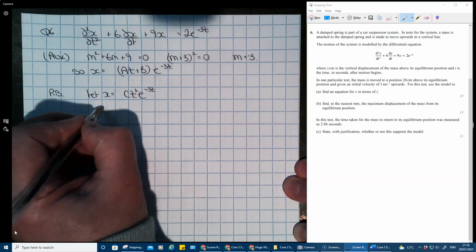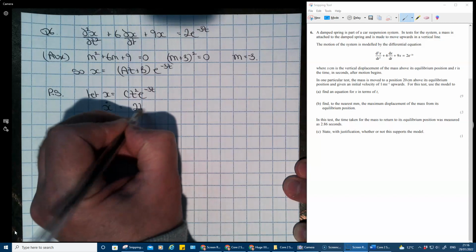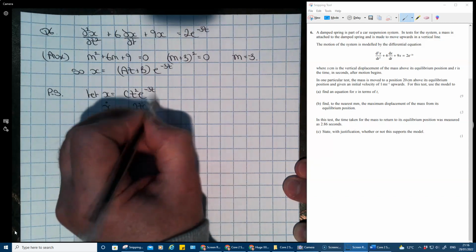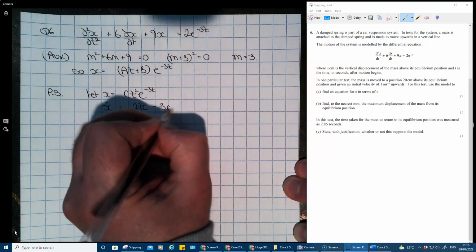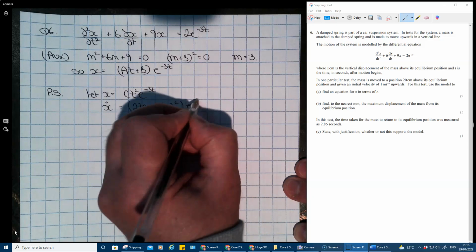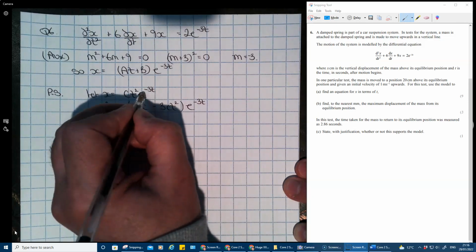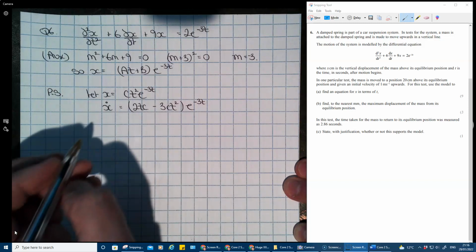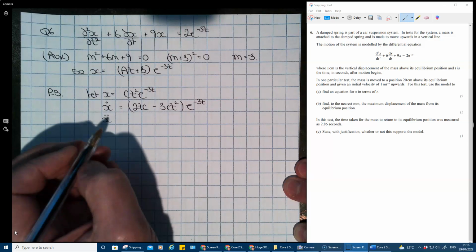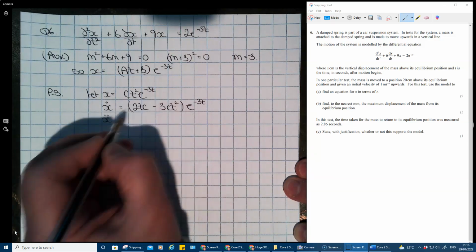So dx by dt equals minus 3ct squared, lots of e to the minus 3t. Just using the product rule, differentiate this times this, plus differentiate that times that. And x double dot, or d2x by dt squared. Differentiate this times that.